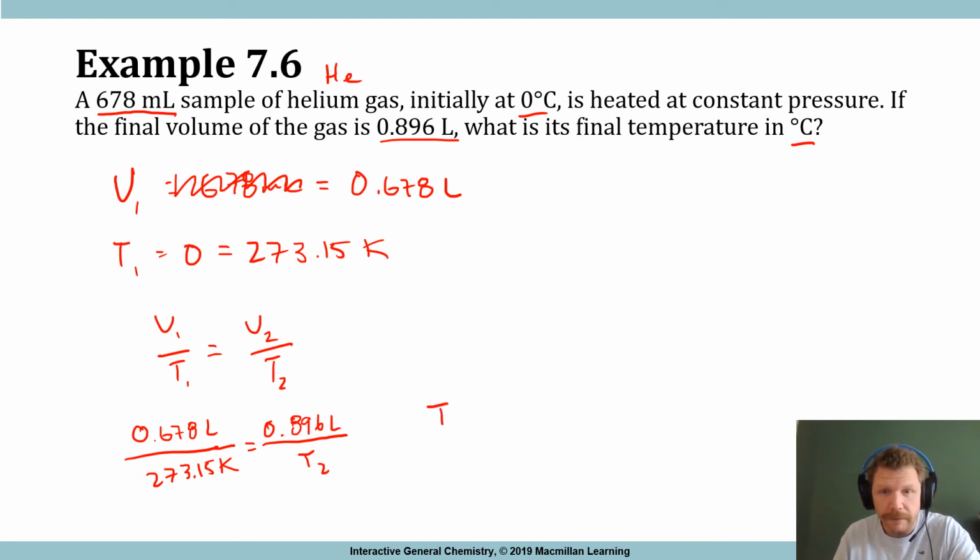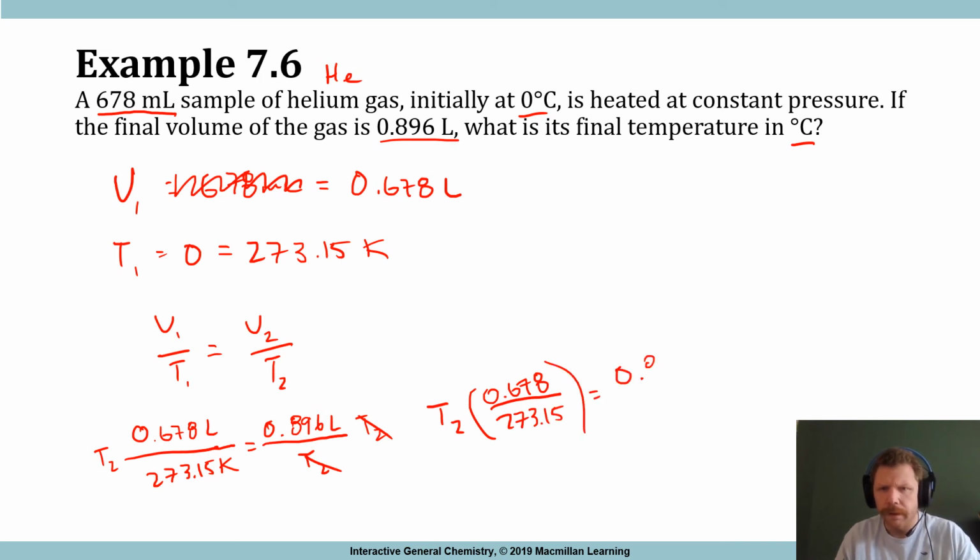So I'm going to say T2 is equal to, and the way I want to solve this is to multiply each side by T2, so T2 times 0.678 divided by 273.15 equals 0.896.